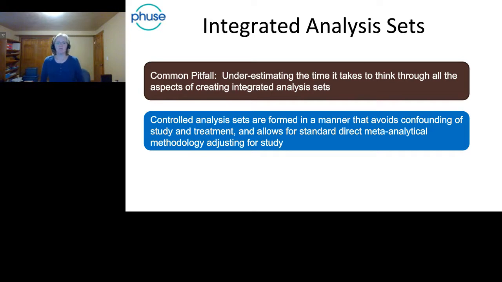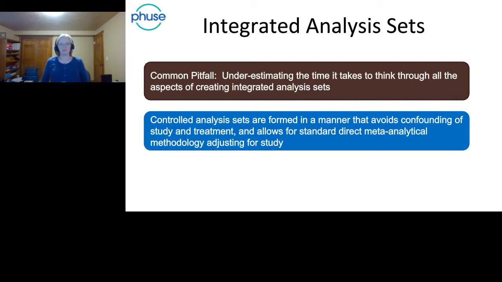So one common pitfall when you talk about integrated analysis sets is that it is almost always underestimated how much time it takes to really think through all the issues on which integrated analysis sets you should create for the purpose of ADR decision making, for submission, and for labeling. It really does take a lot of time.